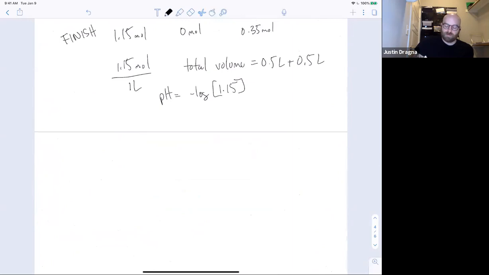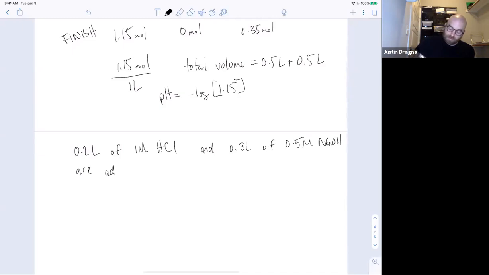You could have, let's say, 0.2 liters of 1 molar HCl and 0.3 liters of 0.5 molar sodium hydroxide added to 0.5 liters of pure water.